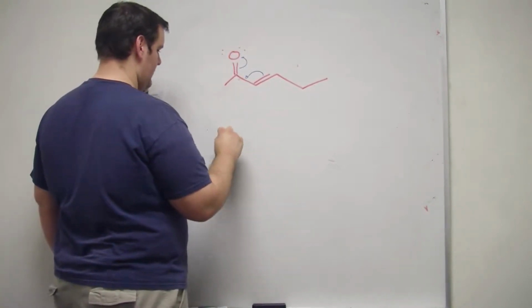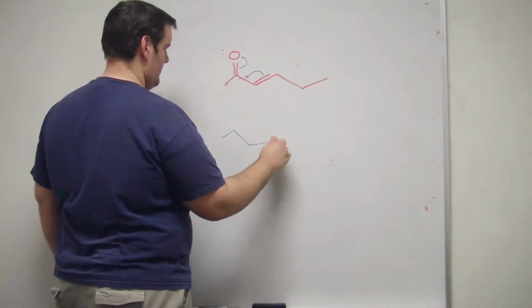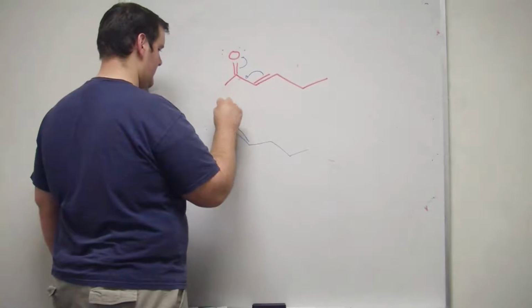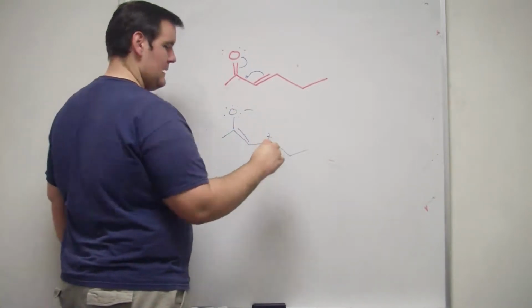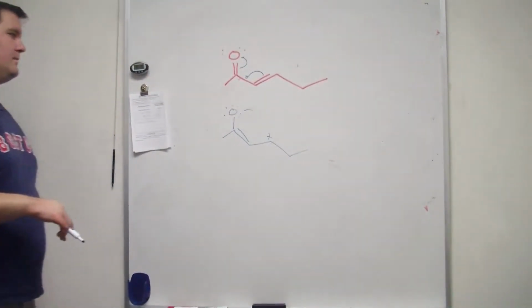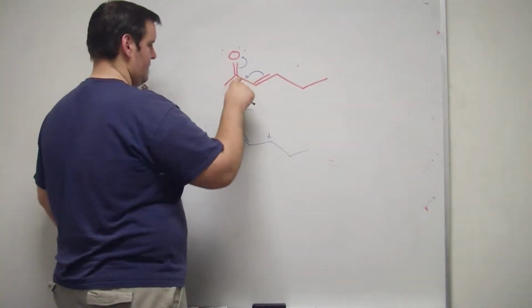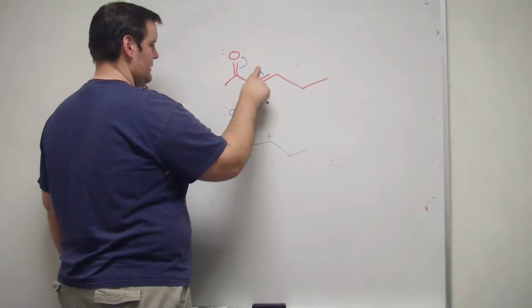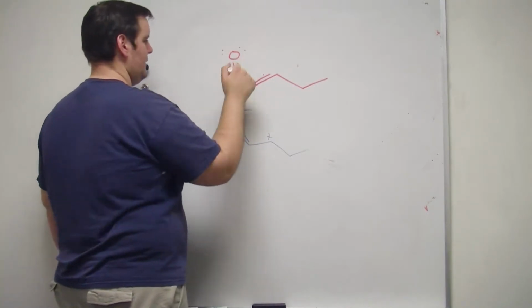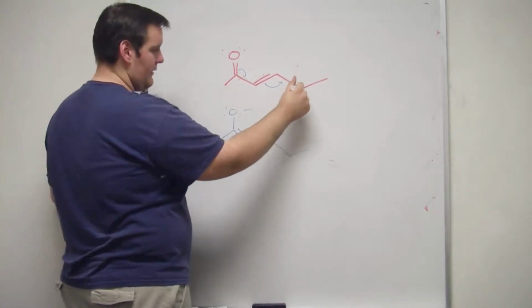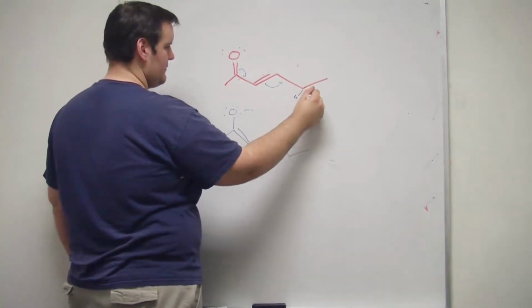So then I would be left with this guy here, positive charge. But I wouldn't be able to push it the opposite way. Because if I go this way, this carbon already has 2 hydrogen bonds.